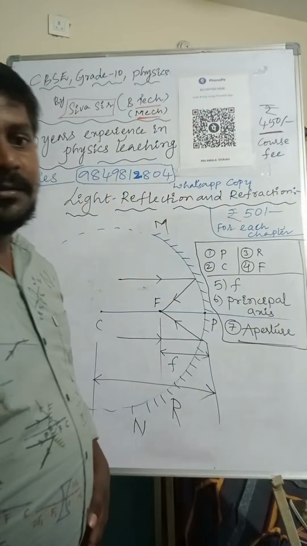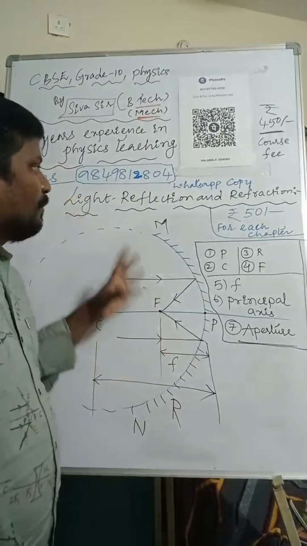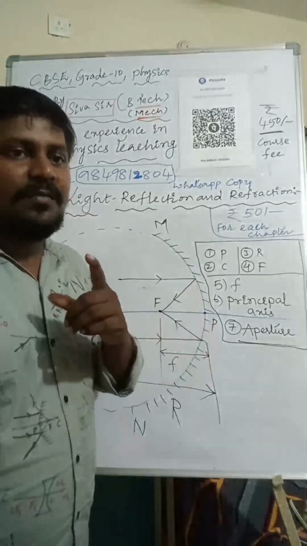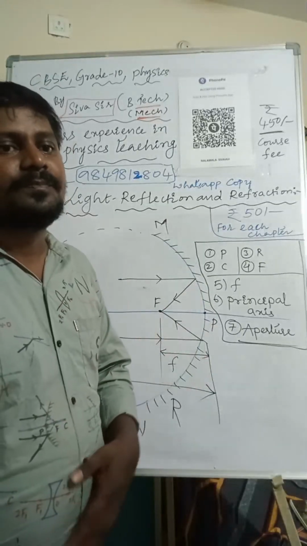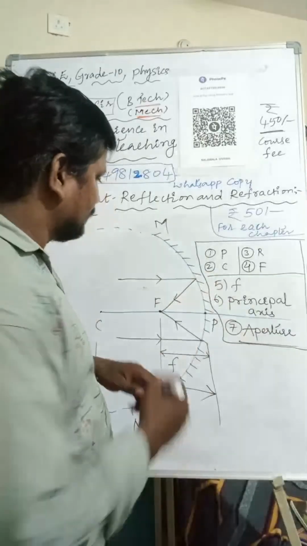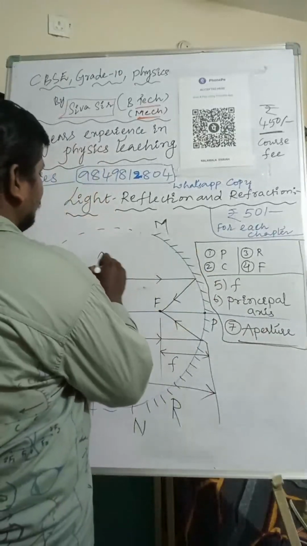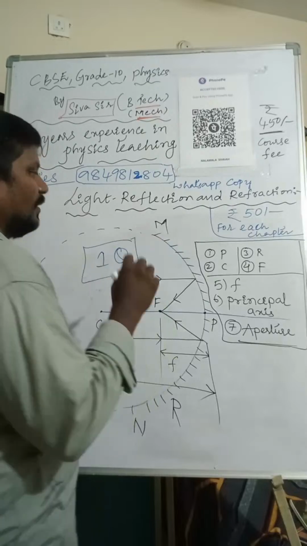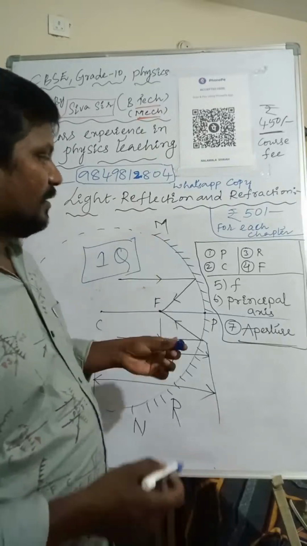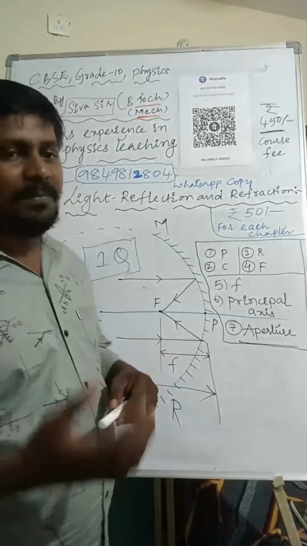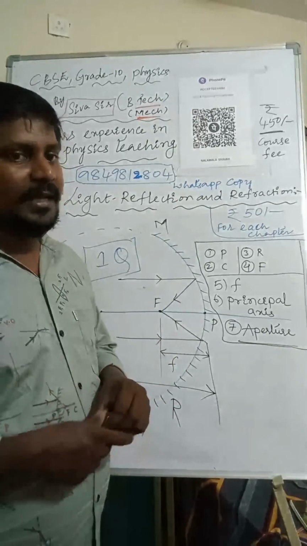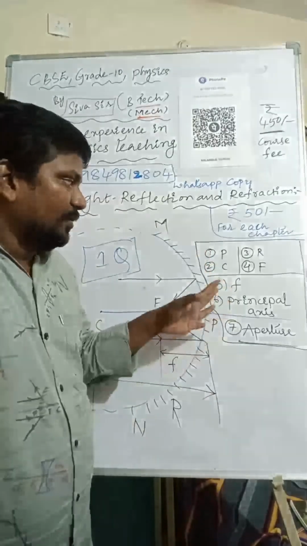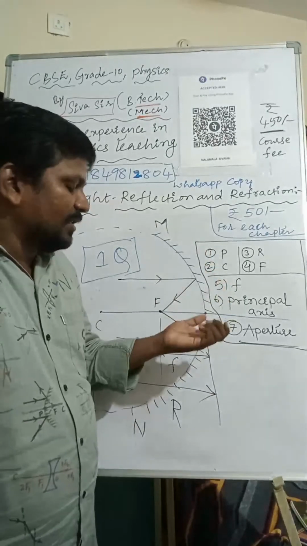Here I'm saying these topics are very, very important. Based on this, definitely one question will come in the board exam. Related to pole, focus, center of curvature, principal axis, aperture, and terms related to spherical mirror, surely one important question will come, definitions.